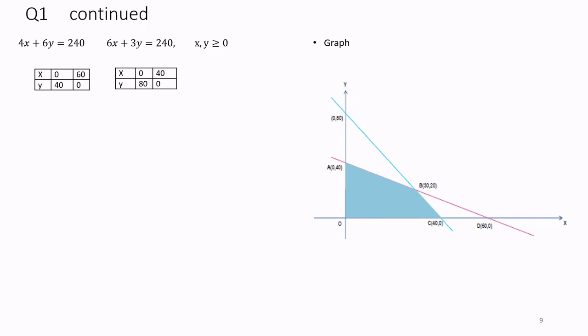The second line is 6x plus 3y equal to 240. When x is 0, y is 80. So this is the point of the second line. And when y is 0, x is 40. So this is the point. So the second line is this.